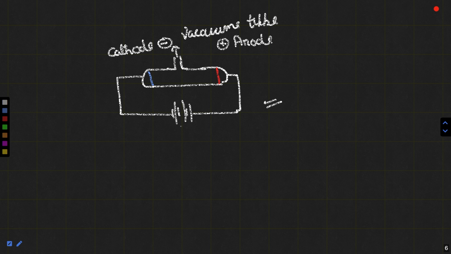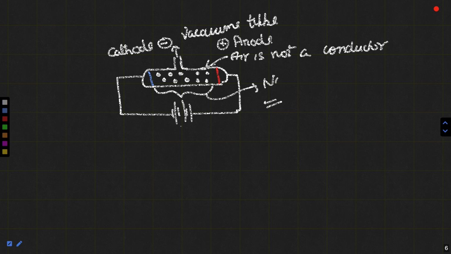Now remember, I have already told you that between this, we have some amount of gas that is present. So of course, your gas will be particles. But you know it very well that if this space is not containing any conductor, so air is obviously not a conductor. If it is not a conductor, then what will happen? Since this whole space is vacuum, therefore no current will flow here.